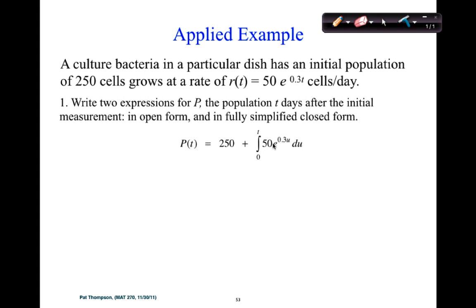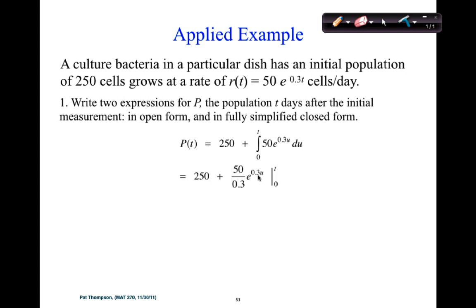So we need to do the antiderivative of e to the something. What's the antiderivative of e to the something? Just e to the something, right? That's the function whose derivative is the same as its original function. So the antiderivative of e to the 0.3u is e to the 0.3u.